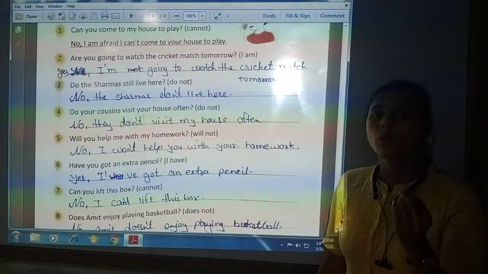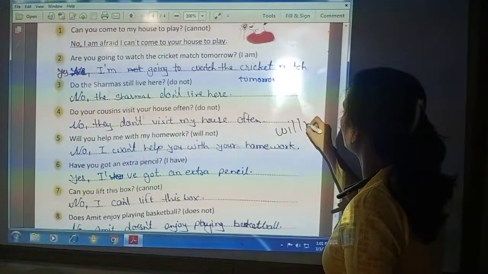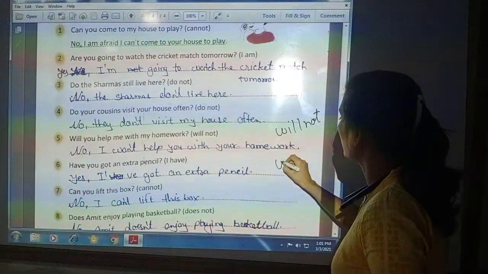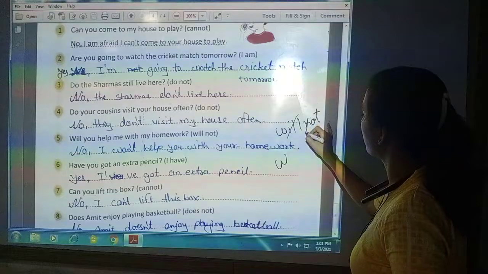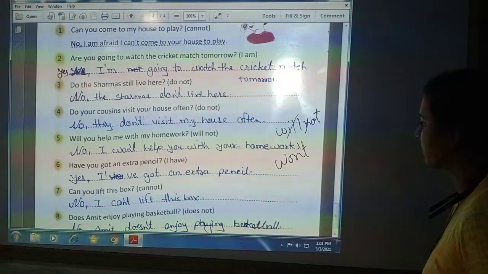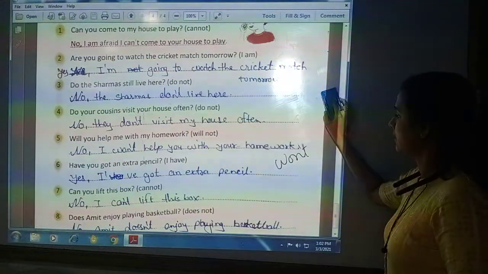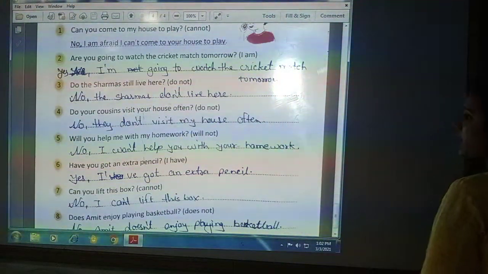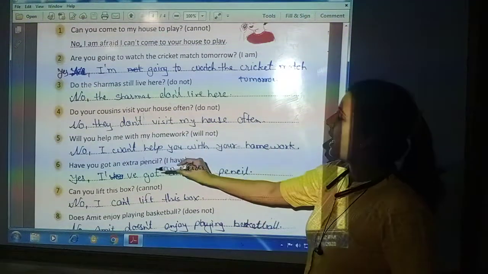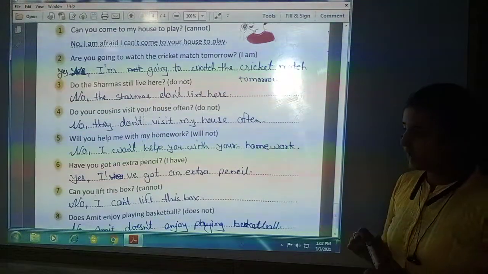It will become won't. The short form of will not is won't. So here we will write no, I won't help you with your homework.